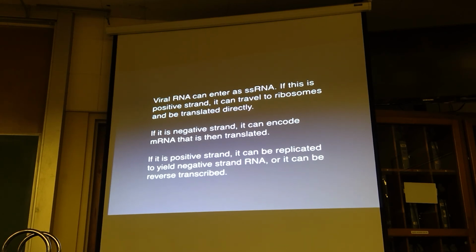For a long time, this was just against all rules of biology. Biologists said, no, the information chain is DNA encodes RNA, encodes protein. You can't go backward on that chain. And it turns out they were very, very wrong, because there are viruses that can reverse transcribe.